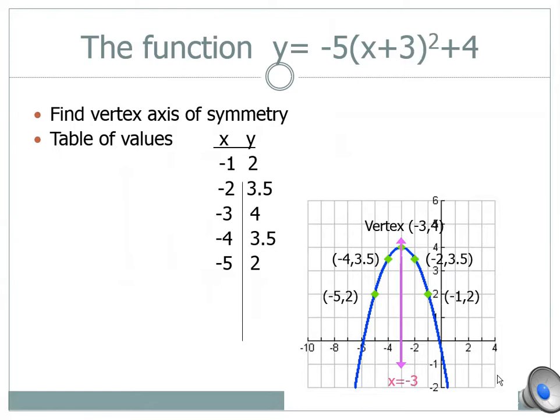So they will draw the parabola, and after finding the parabola, they will see the vertex, that is the minimum, the least point in the parabola. They will identify the vertex, and also the line through which the parabola is symmetric.